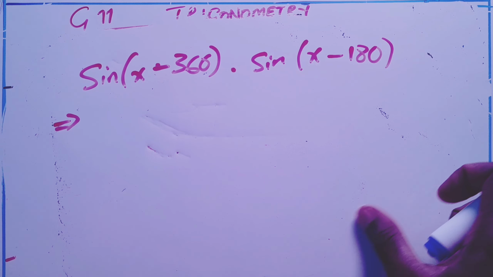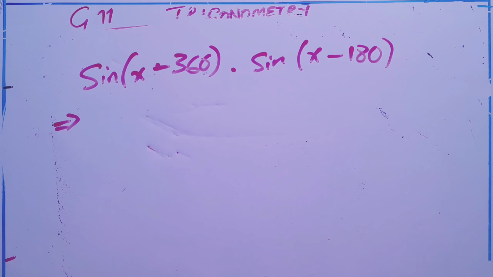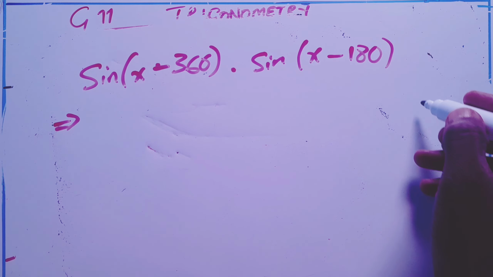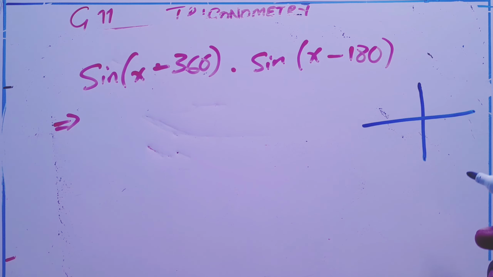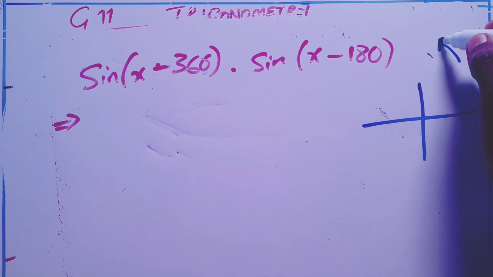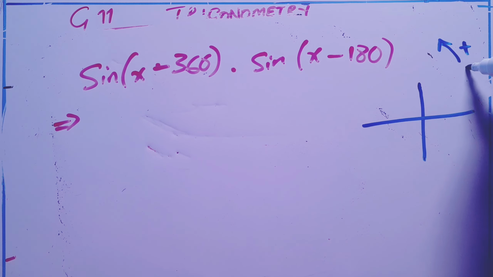In this one, they said sine of x minus 360 multiplied by sine of x minus 180. Again, we're going to draw a bit of a Cartesian plane. If we are going that way, we are adding the angles, and there we are subtracting the angles.